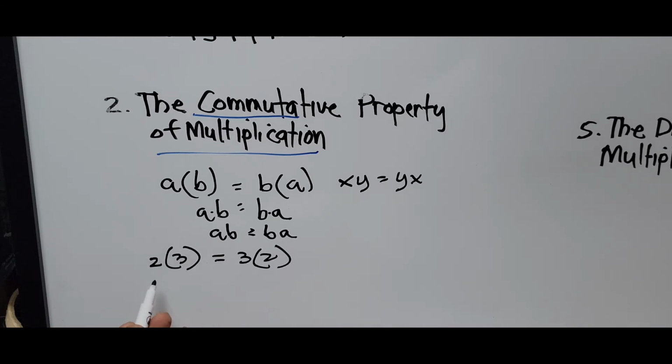Now it's written differently. You can have 2.3, 2 times 3 is the same thing. It's just a different way how to express them, how we write them. It's the same thing as 3.2, the dot symbolizes multiplication. And so the same thing, if we get another example over here.